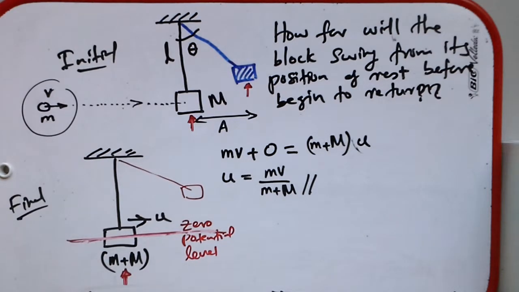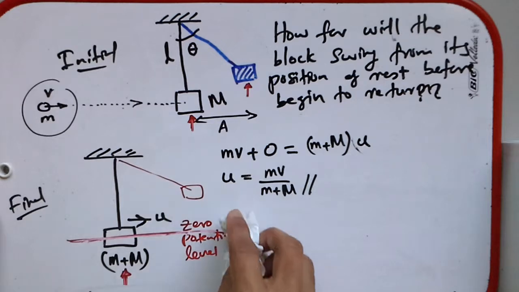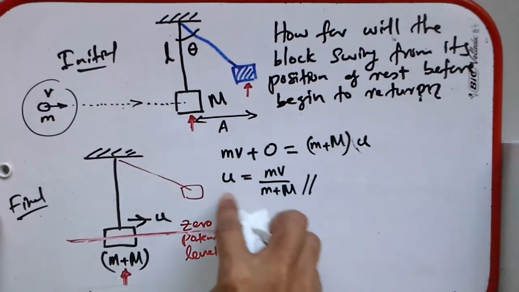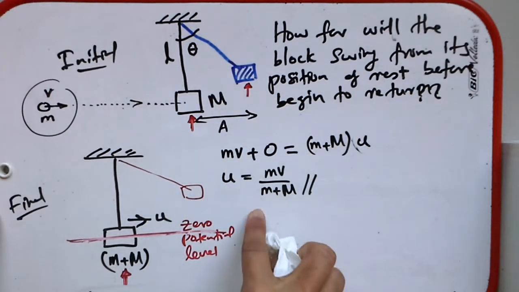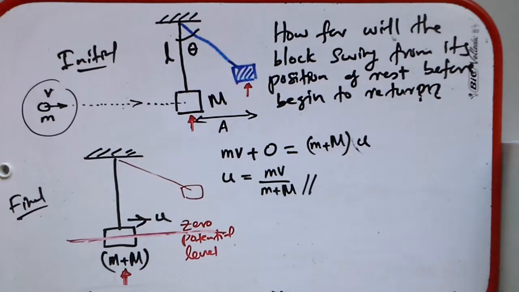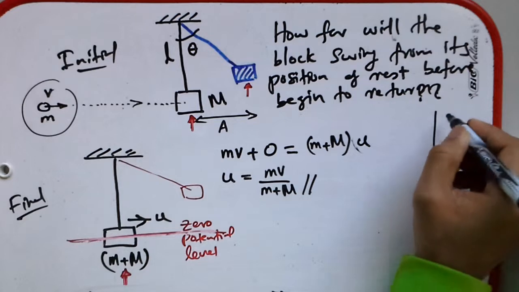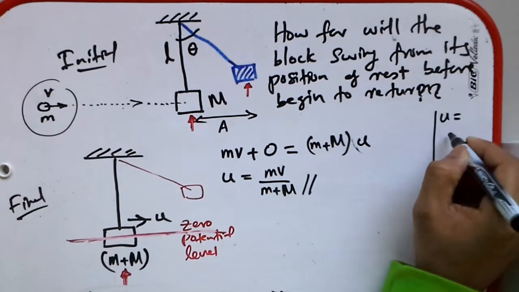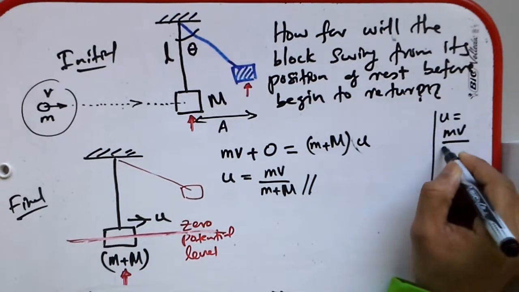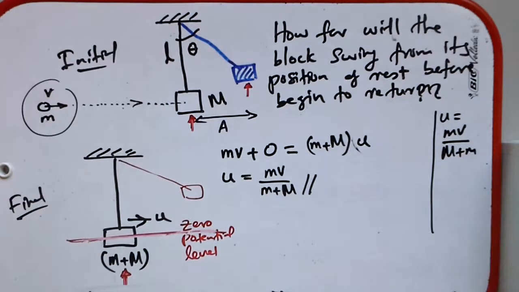So let's use conservation of energy. Remember this is our initial velocity of the system, so I'll write down here u is equal to m v by big M plus small m.